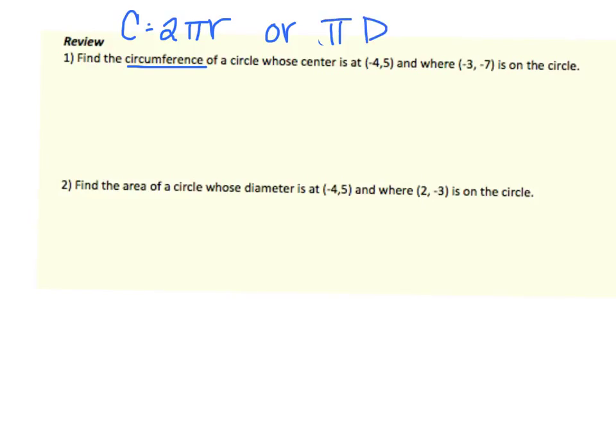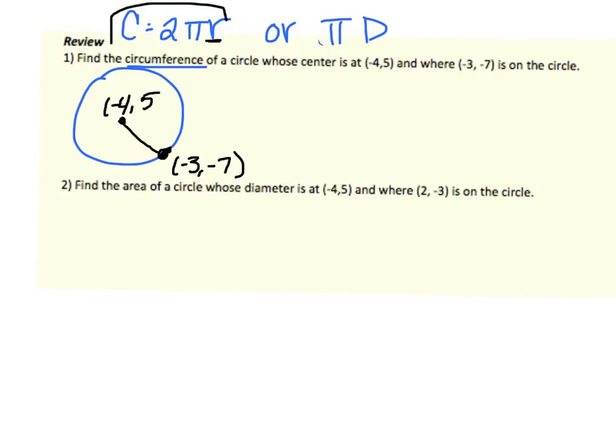Well, if I have a circle and I know the center of it is at (-4, 5), and there's another point somewhere that's (-3, -7), these two connected are going to be the radius. So I'm going to choose to use this formula and just find the radius.